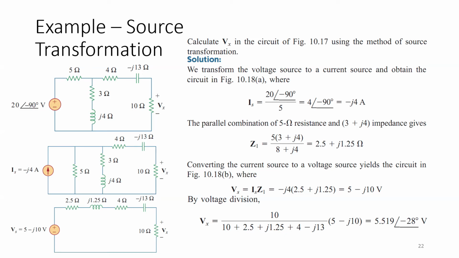Sometimes we do need a source transformation in order to reach the final solution conveniently with respect to the other circuit analysis techniques. For example, in this example, we are asked to find the voltage drop across this 10 ohm resistor, and we are given this 20 angle minus 90 voltage source in series with a 5 ohm resistor, and the rest of the circuit is as shown here.